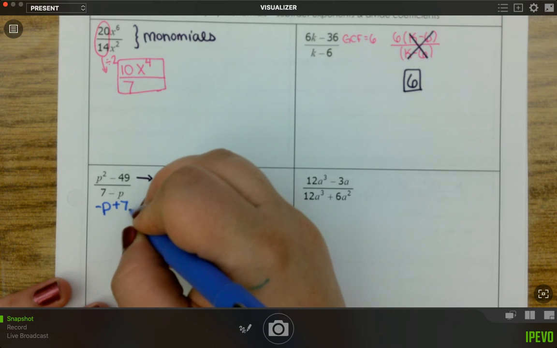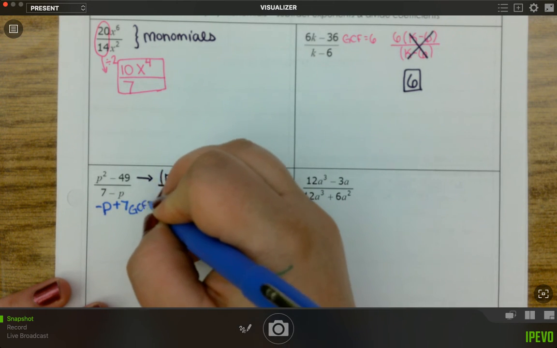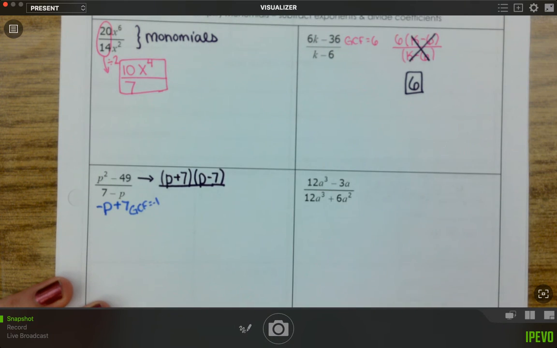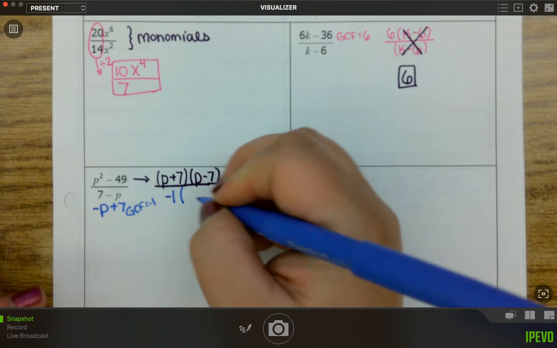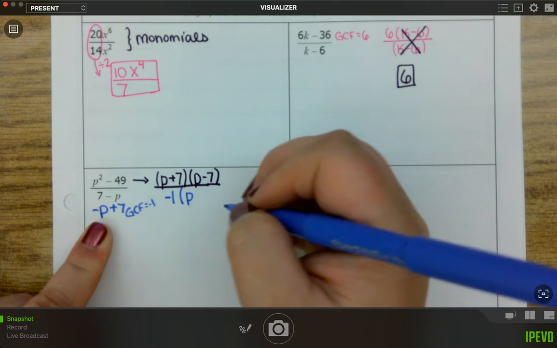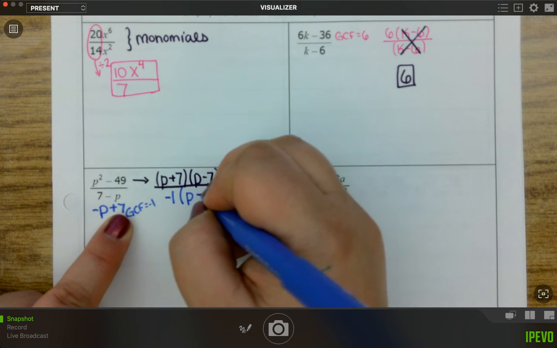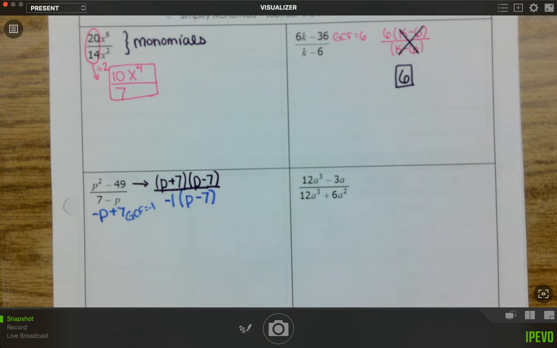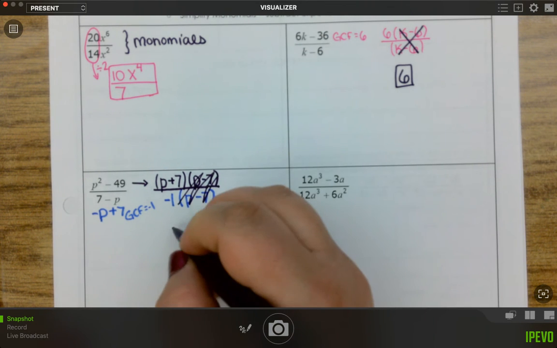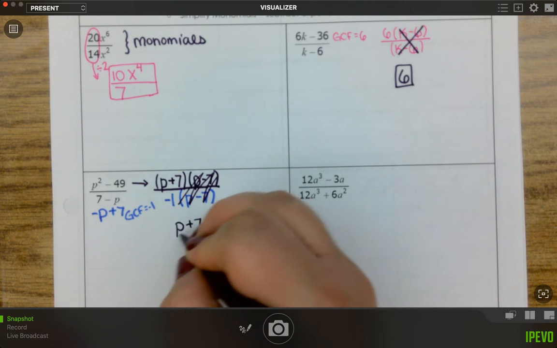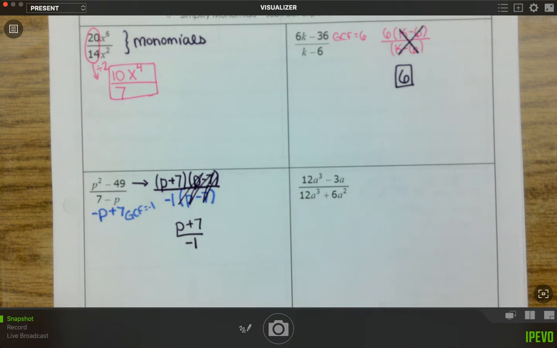So what we're going to do is we're going to make our GCF negative 1. So we're going to put a negative 1 out front. That makes this positive p. And then 7 divided by negative 1 is negative 7. So now I can see that these cross out, and I have p plus 7 over negative 1.